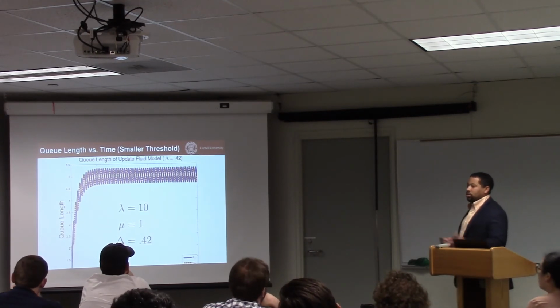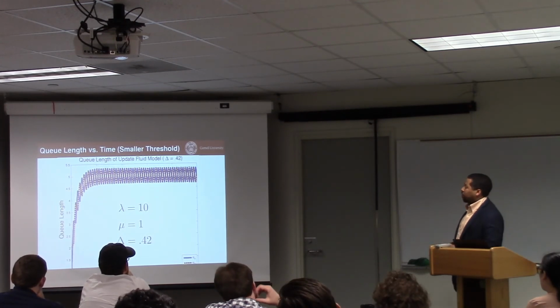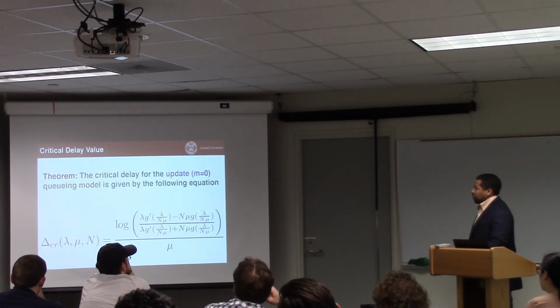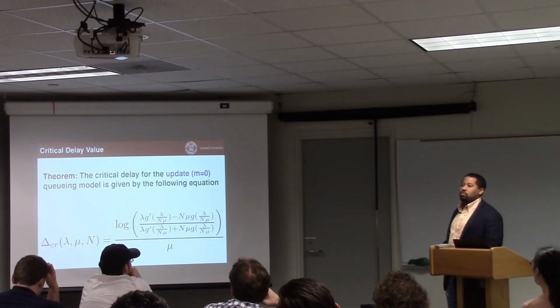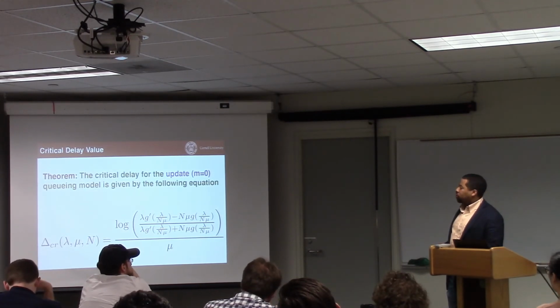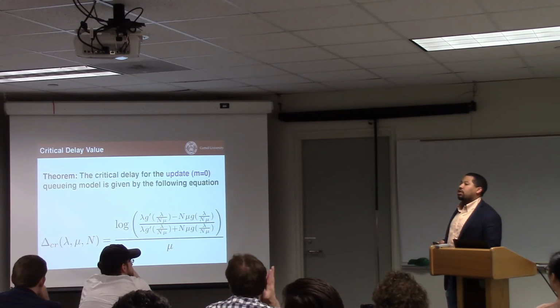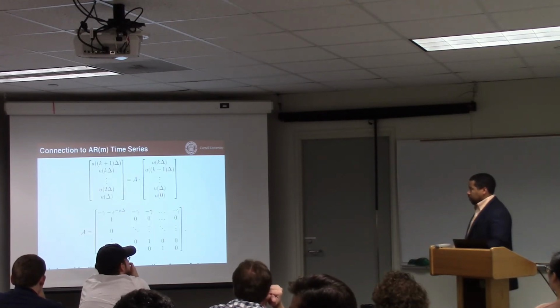Once again, we are interested in finding the formula of where these Hopf bifurcations occur. In this case, you can prove an exact formula of where these bifurcations occur in this model, and this gives us some insight on when we expect to get these oscillations and when we don't.